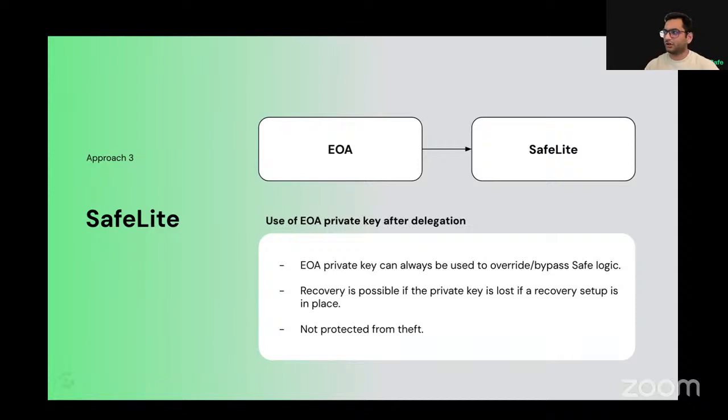So if the account implementation goes rogue, users can delegate to some other account and they can have access to that address. But if the private key gets stolen, the account is not protected from the theft. Because if the private key is stolen, no matter what the account logic is implemented to prevent thefts, the private key can sign new authorizations, which would delegate to new account implementations, and whatnot.